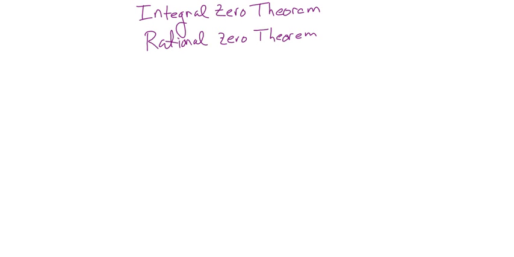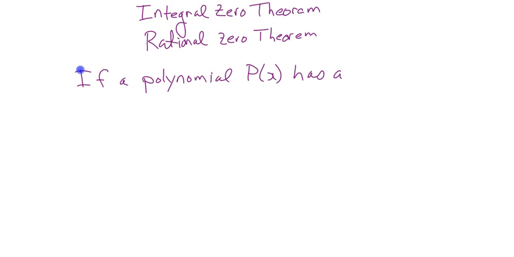Okay, so if a polynomial p of x has a 0 at x equals a, which means the factor is what? The factor is x minus a, right?